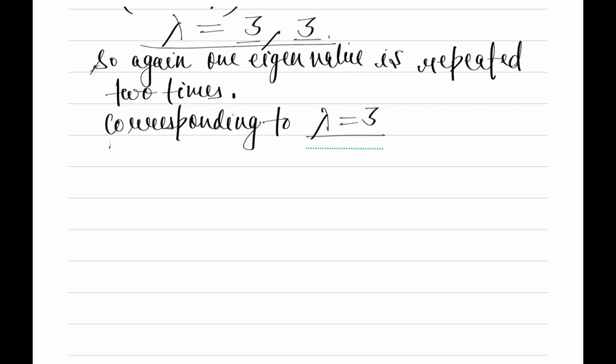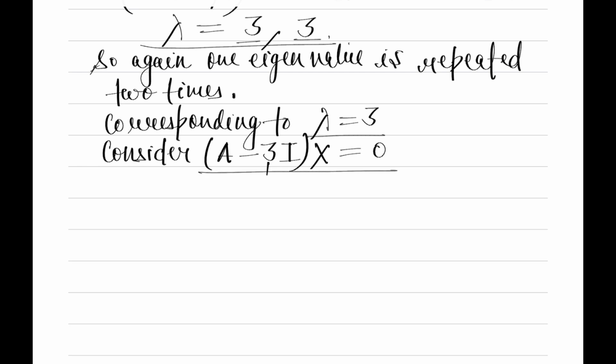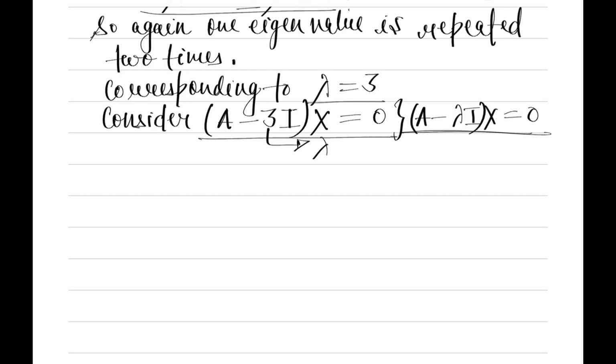Let us consider A minus 3I into x is equal to 0, where this is our lambda, or we can write A minus lambda I into x is equal to 0. This will give our eigenvector.